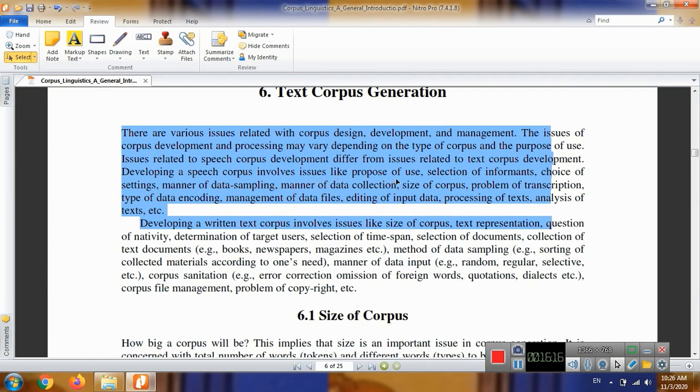Developing a speech corpus involves issues like purpose of use, selection of informants, choice of setting, manner of data sampling, manner of data collection, size of corpus, problem of transcription, type of data encoding, management of data files, editing of input data, processing of text, analysis of text, etc.